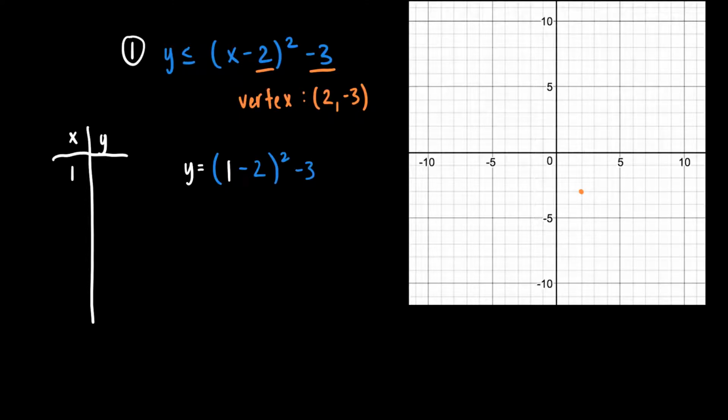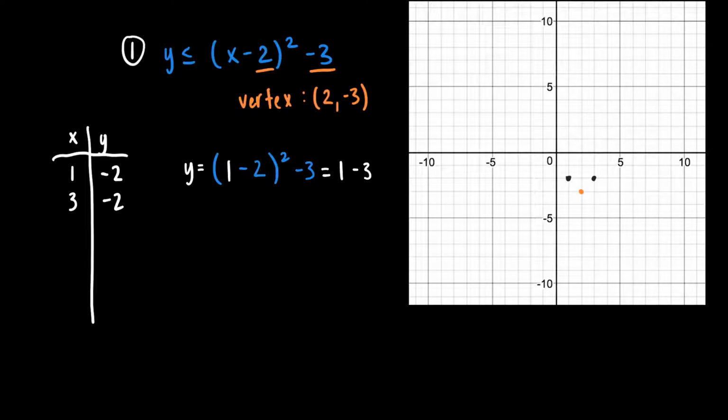And so that is, okay, 1 minus 2 is -1, and if you square that, you get +1. So 1 minus 3 is -2. So since that's -2, we'll go ahead and put that point down there. So 1, -2. Let's also graph the other side, which is going to be at 3, -2, since it's symmetrical. So 3 will also return -2 for us.